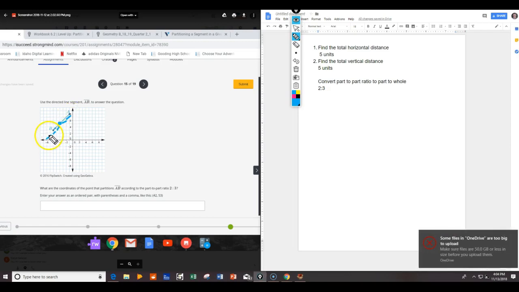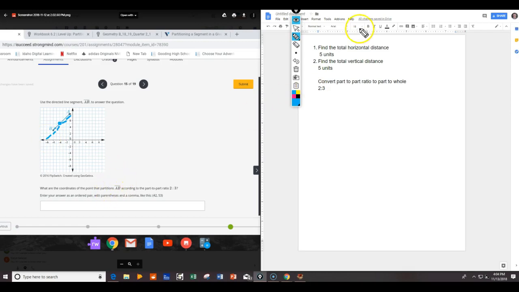So that's a part-to-part ratio of 2 to 3: 2 units from our starting point on our directed line segment and then 3 units below that point, so it partitions our segment.